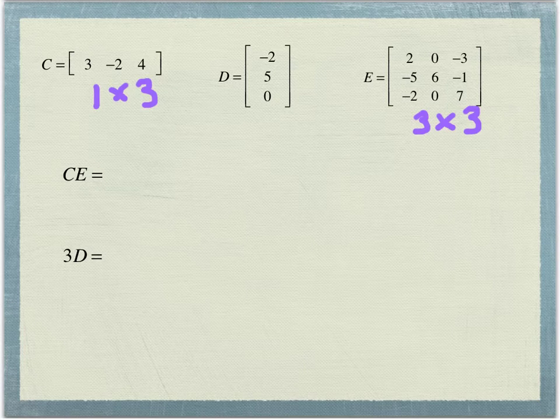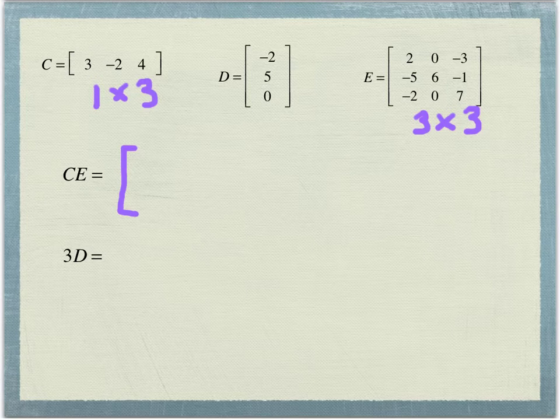So notice I'm going to get 3 times 2 plus negative 2 times negative 5, 4 times negative 2. So what I'm going to end up with here is I'm going to actually try to multiply this out a little bit.